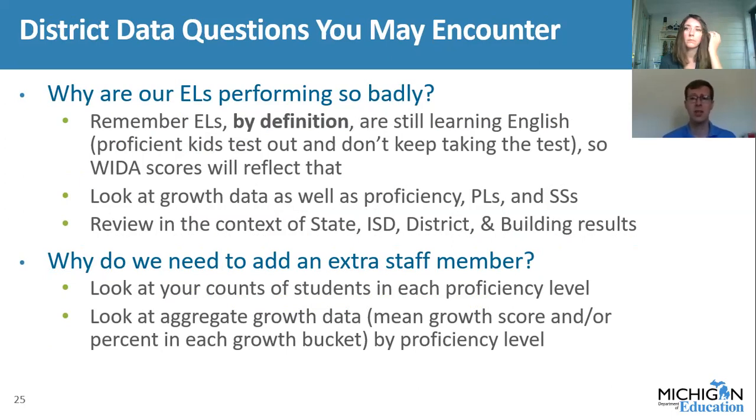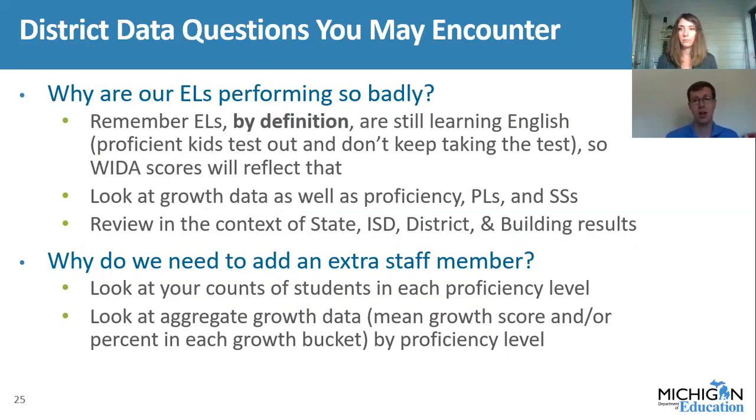Then the other really important part to help those district leaders is to put it in the context of state, ISD, district, and building. So in 2019, the statewide average was less than 20% of students meeting EL proficiency. So that gives a great context when a district leader might be saying, we only have 22% of our ELs proficient on WIDA.